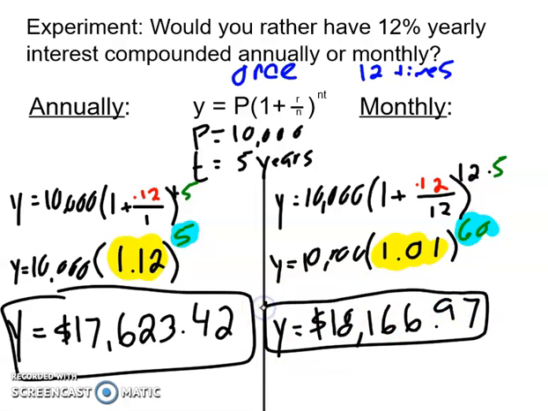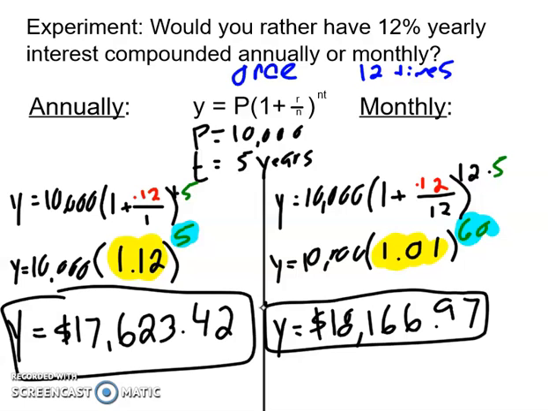So was it more important to have a higher rate inside the parenthesis, or was it more important to have a more frequent compound? In this case, it turned out that we wanted to have that more frequent compound in our monthly compound.